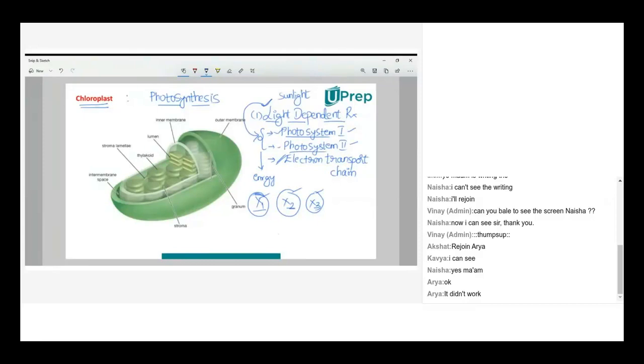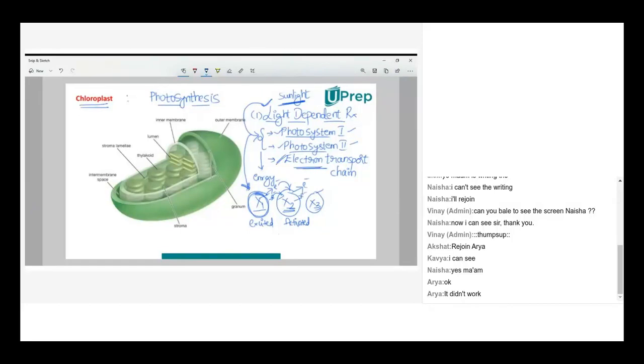Now, during the electron transport chain, photosystem 1 will take up the energy, which is sunlight here, with the help of a molecule called X1. Light energy it will take, and it gets excited, meaning gets activated. As a result, electrons will be released. These electrons will be taken up by the next molecule, assume X2. Now this X2 molecule will get activated, and once it gets activated, it will start releasing electrons.